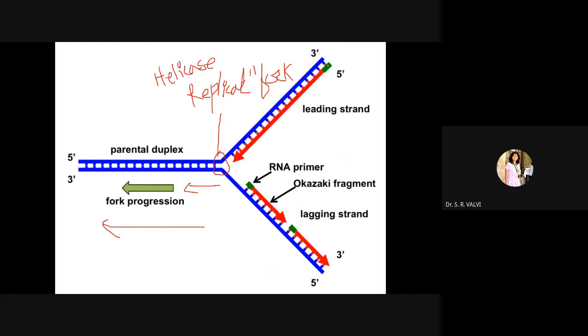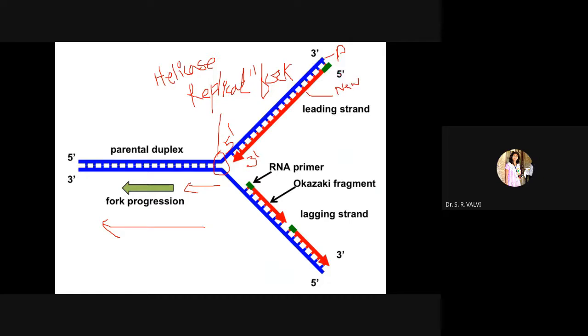Here you can observe that this is 3 prime, and this is again 5 prime. I will give here 5 prime, right? And the newly synthesized strand will move from 5 prime to 3 prime. Whatever is in blue color is the old or parent strand, right? And this is the newly synthesized strand, new strand, right?